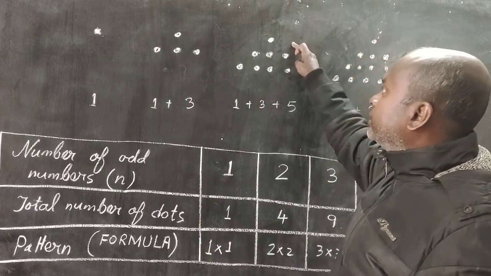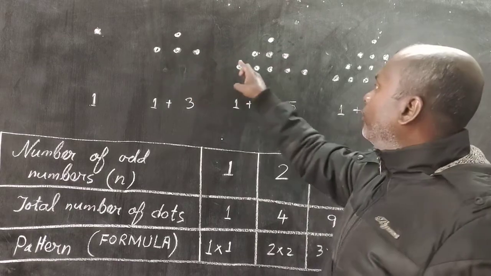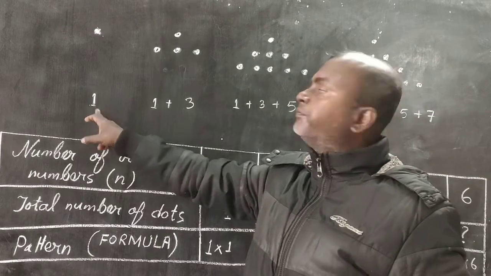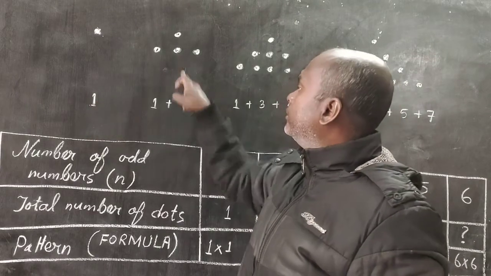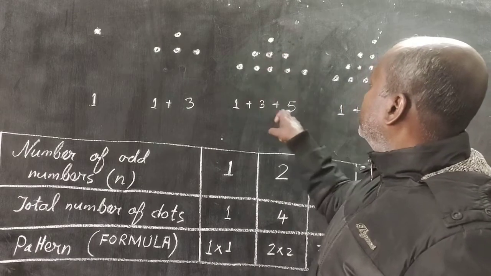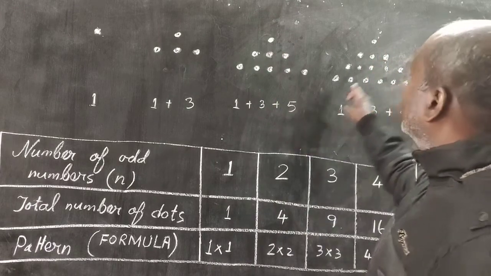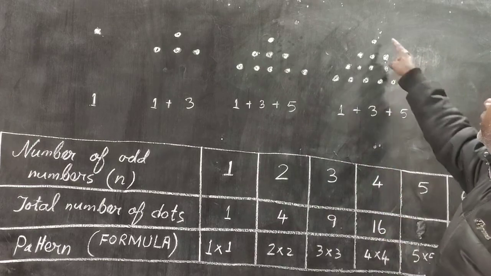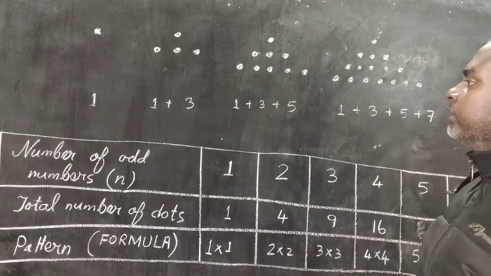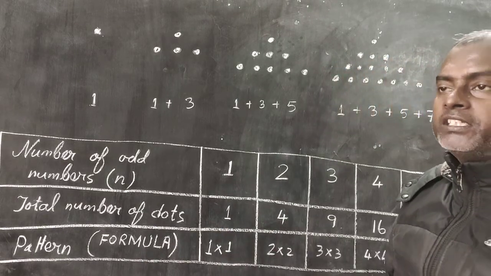Then in the next case, 1, 3 were already there, and along with that, another 5 more dots came. You can see here I have written 1 dot, 3 more dots, so 1 plus 3. Then along with this 1 plus 3, 5 more dots, so 1 plus 3 plus 5. Then in the next case, you have 1, 3, 5, and along with that 7. So you see odd numbers of dots are being added in each case.